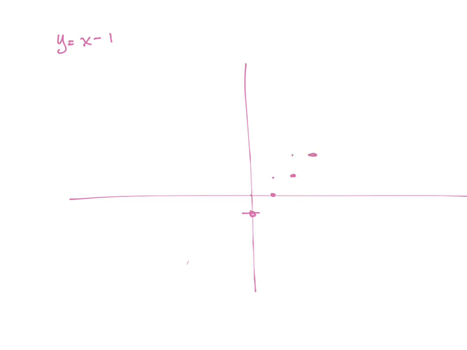So my first function here is y equals x minus 1. What does that look like? It's just a linear line. Graph it. We need both sides of the y-axis.